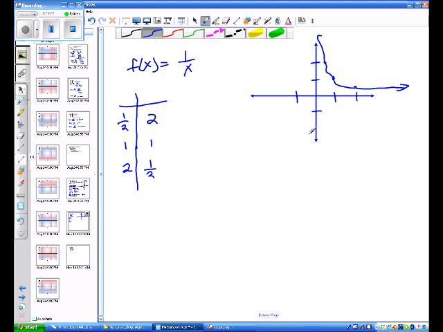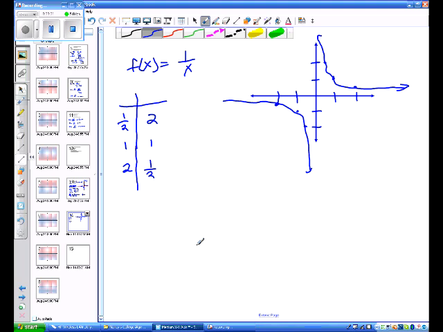If we graphed it, we know also that it was symmetrical about the origin. So at negative 1/2, we're at negative 2. At negative 1, we're at negative 1. And at negative 2, we're at negative 1/2. And so our graph is doing something along this line and going on down. Now, that's what we would call the parent function. That's basically what it looks like.